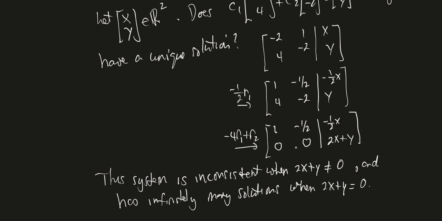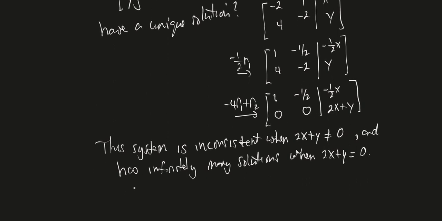So we will never be able to have a unique solution for every (x, y). So this implies that our set S, let me restate it, (-2, 4), (1, -2), could not be a basis for R2.